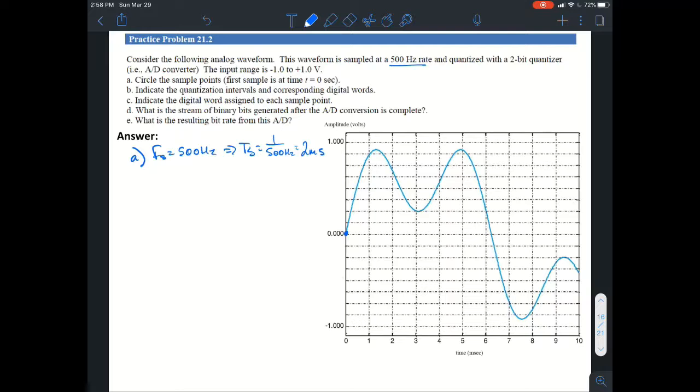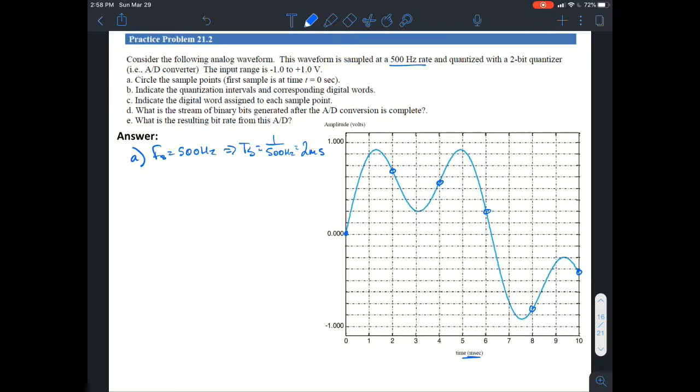So now we can check our horizontal axis. We're in milliseconds, so we can just circle all of our sample points by going out every 2 milliseconds. And there we go.